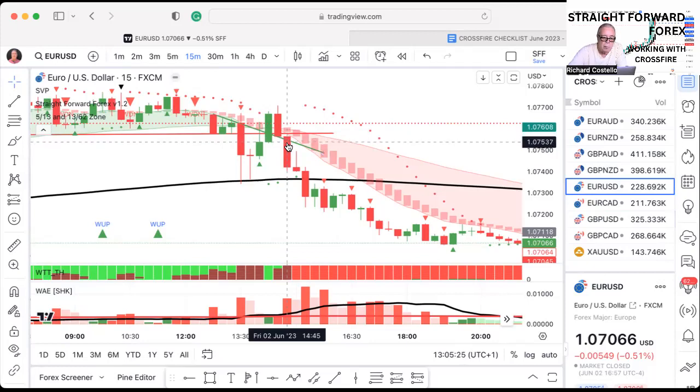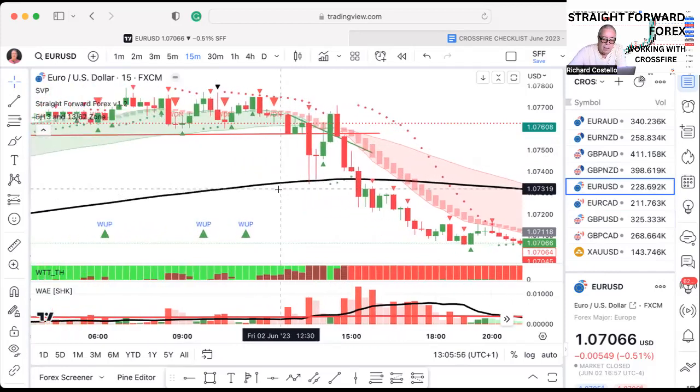I would wait until price got below the trend line, and then I would say, right, where's my take profit target going to be? My take profit would be this moving average. In fact, I would go just above it to be on the safe side. It wouldn't have reached my take profit on that candle, but certainly on that candle. So I'm using the moving average in that instance as my take profit.